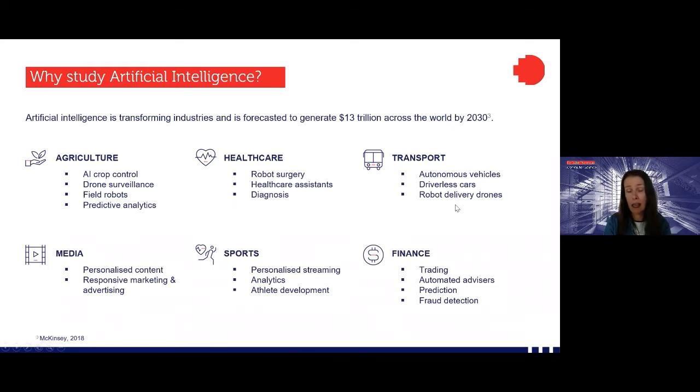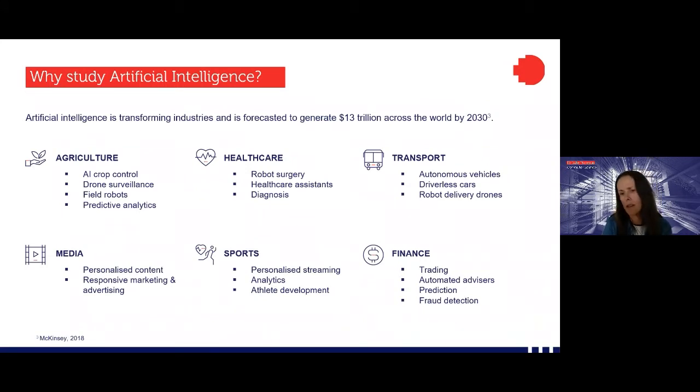So again, why study AI? Based on these times of rapid technological change, it's transforming industries, and the forecast of the growth and the generation of economic growth on the basis of that is huge.